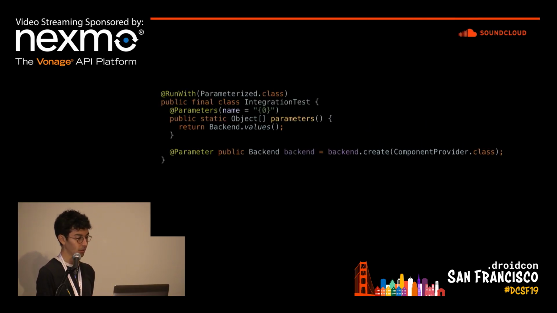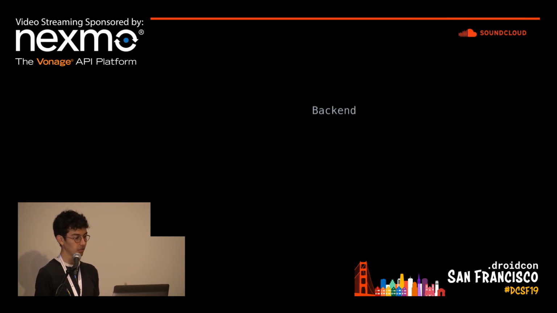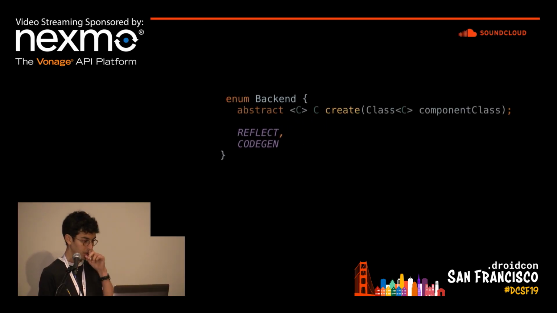In this case, there are 2 implementations of it, and it's run as part of a parameterized JUnit test. Backend.values is actually an enum with 2 values, the reflect and codegen. So in this case, reflect would be Dagger Reflect, and codegen is regular Dagger. And what this does is it allows Dagger Reflect to run every single unit test amongst both backends very easily. And that ensures that Dagger Reflect and Dagger have exactly the same behavior.